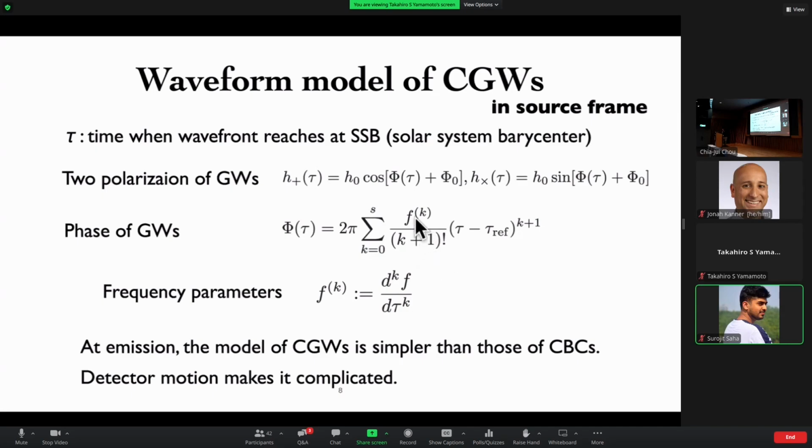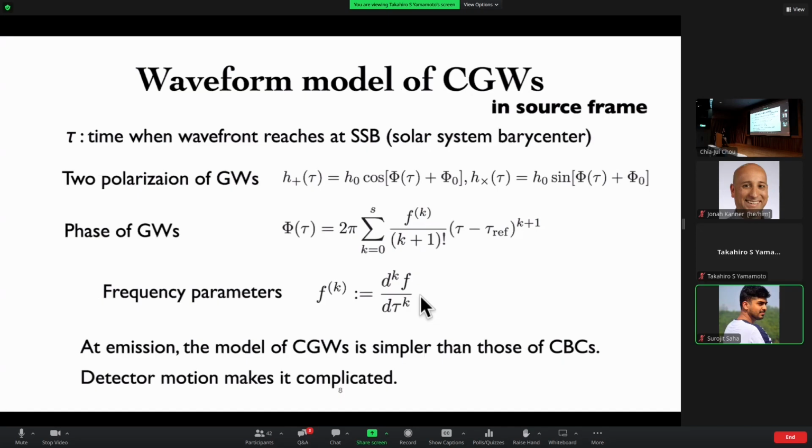The important parameter is f_k. f_k is the k-th derivative of the frequency with respect to time.